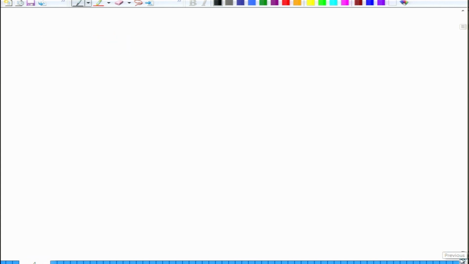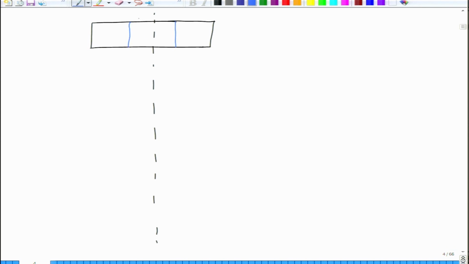So, if you have a picture like this, let us say this is the p-n junction. Somewhere here we have the depletion region. This is P, this is N, this is the interface.